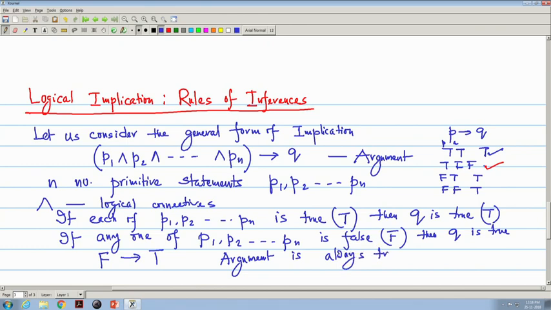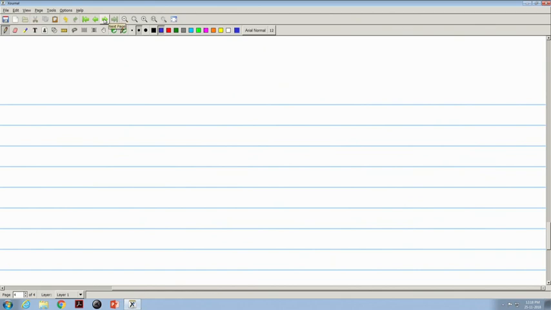Last day we have read that if a compound proposition is always true for all assignments of its primitive statements, then it is a tautology.